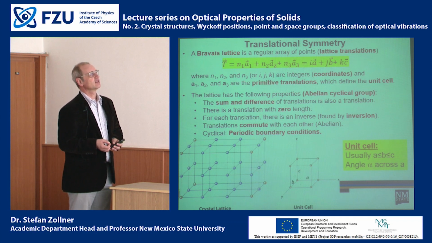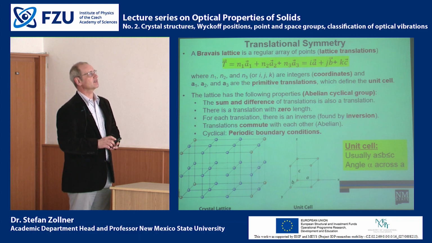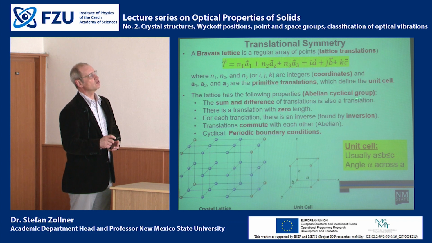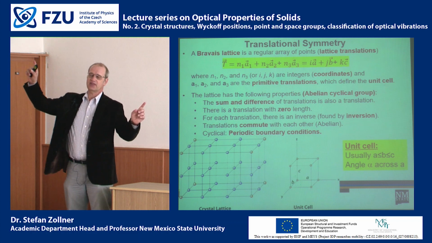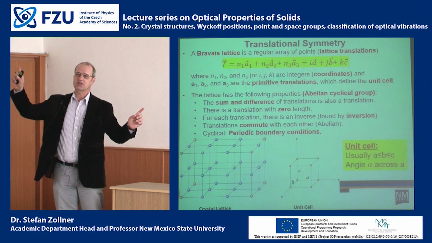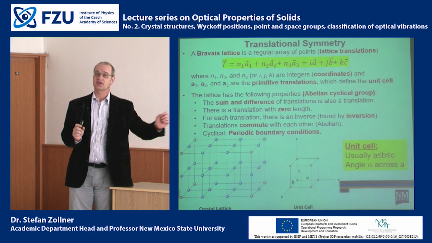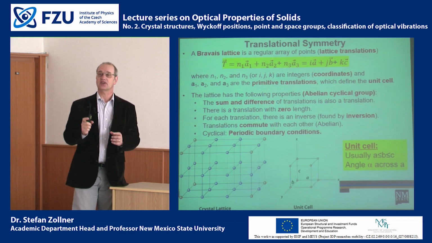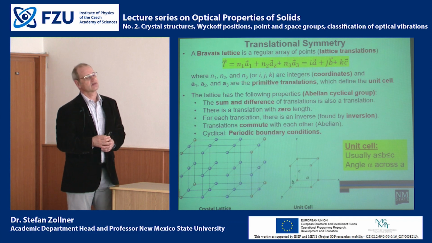For each translation, there is an inverse translation, which takes us back to the point where we started from. In addition, these translations also commute with each other. We can first go up and then left, or vice versa, and therefore these translations form an abelian group.